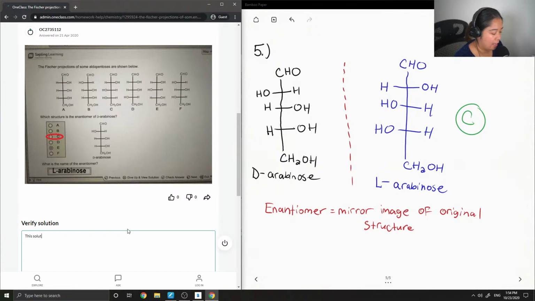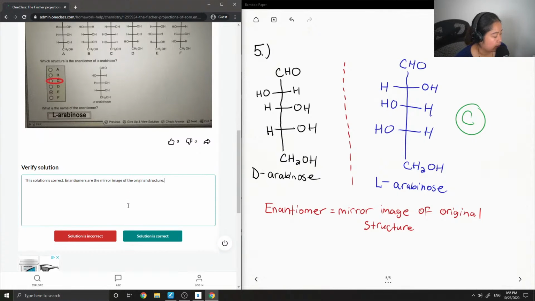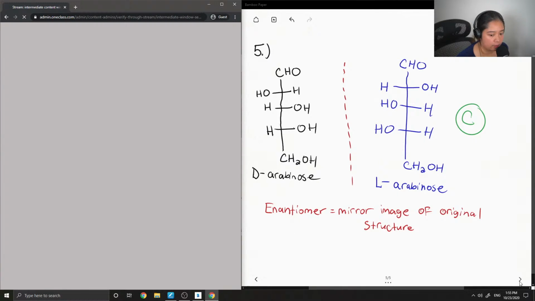And then also just add the definition of the enantiomer and how we got this answer. Okay, so the solution is correct. Enantiomers are the mirror image of the original structure. Okay, so this solution is correct.